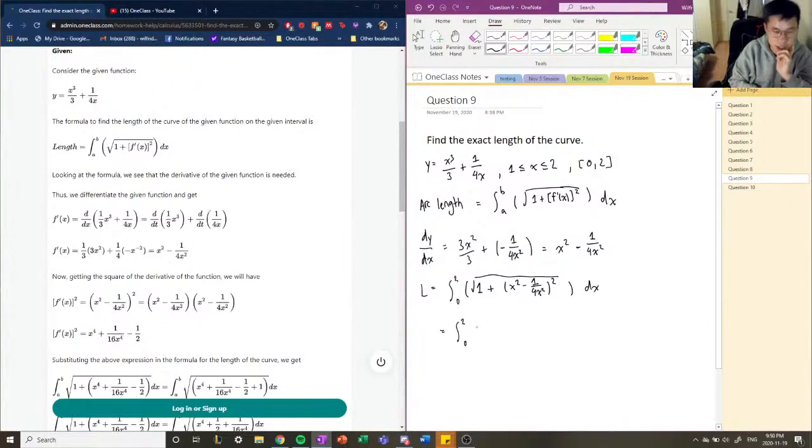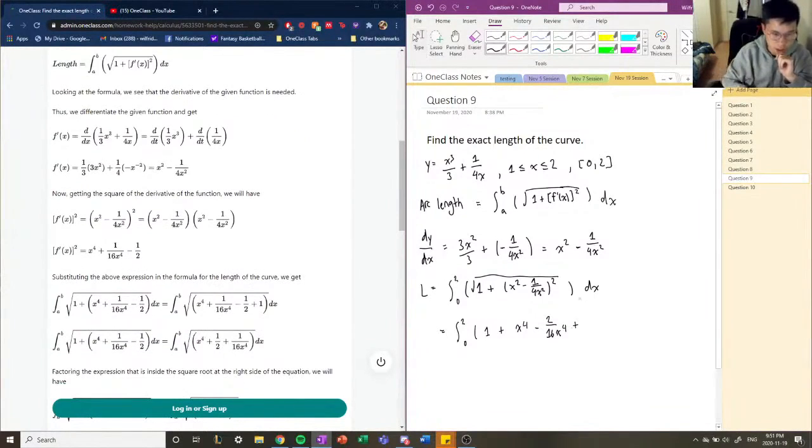So we're going to expand this first. This is just a lot of calculating at this point. So this is 1 plus x to the power of 4 minus 2 over 16x to the power of 4... no, sorry, this should be... Okay, maybe I'll need to really just expand all of it.